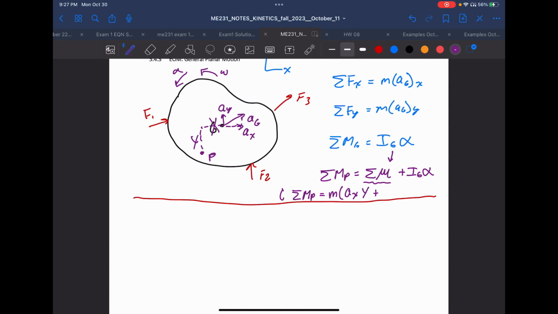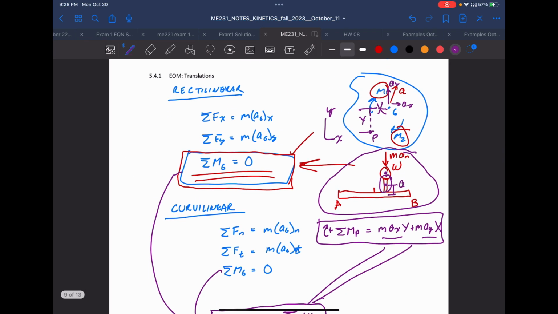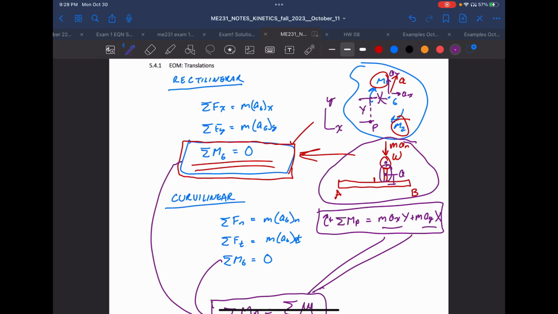and let's see, you'll go clockwise positive, which makes AX Y actually negative. AX Y is positive. AY X would be causing counterclockwise rotation. And then plus IG alpha, which I think back here I might have had, yeah, it'd be the same thing here.